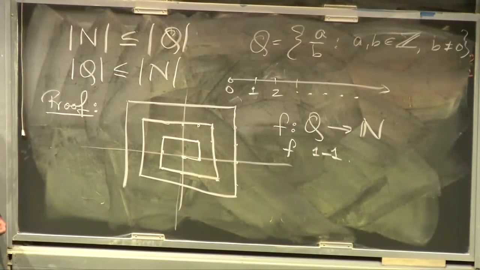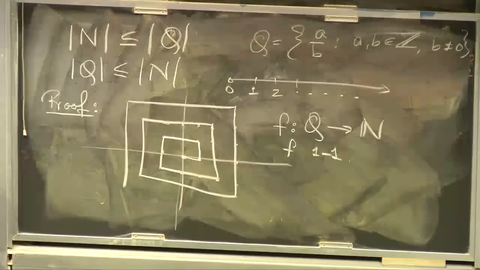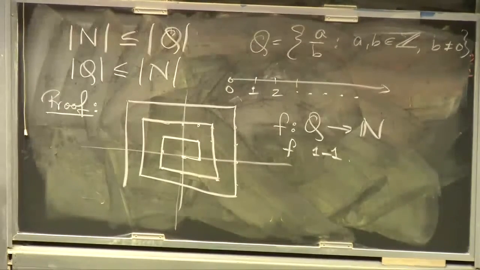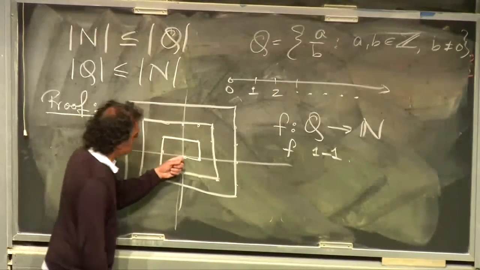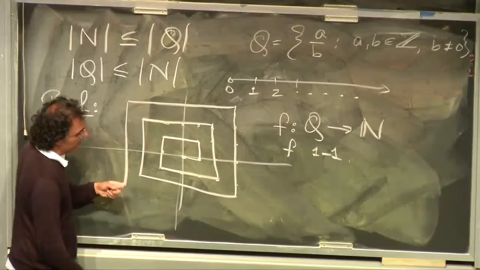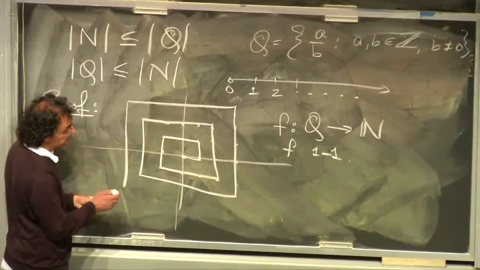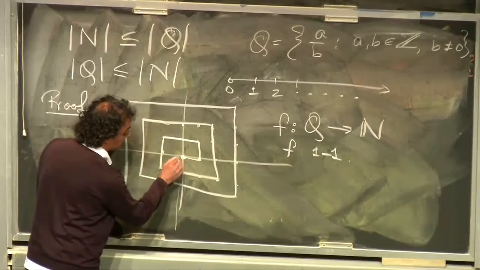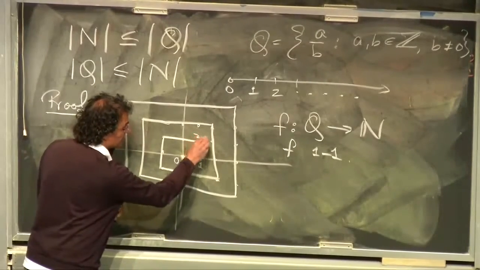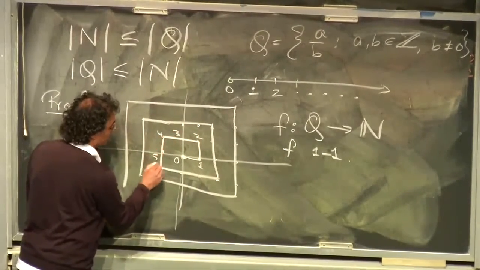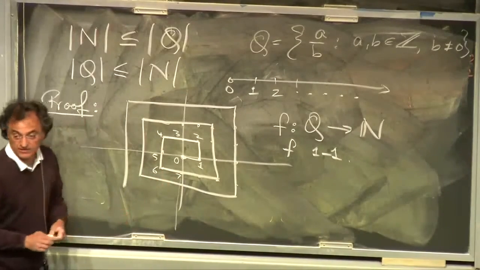Okay? So what are we doing here? Well, what we're doing here is we're saying, look, let's map this to 0, that to 1, 2, 3, 4, 5, 6, 7, etc. Right?